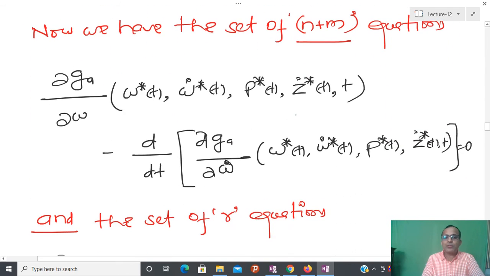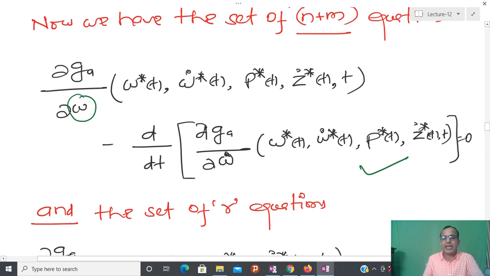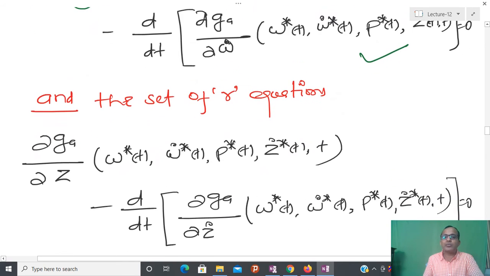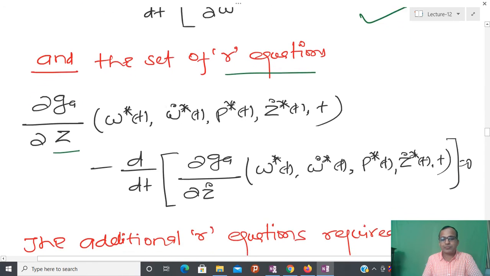If you solve the Euler-Lagrange equation, then you are able to get n plus m equations in terms of this omega, because omega belongs to n cross m. And after that, in order to solve for the r different equations, you have to solve this kind of partial differential equation, again the same as Euler.